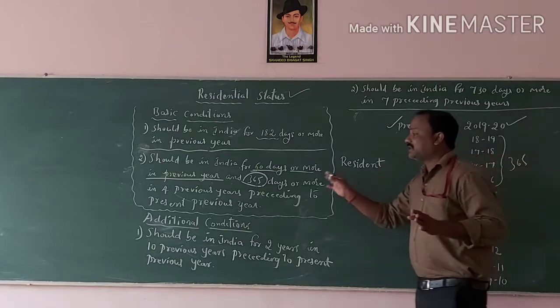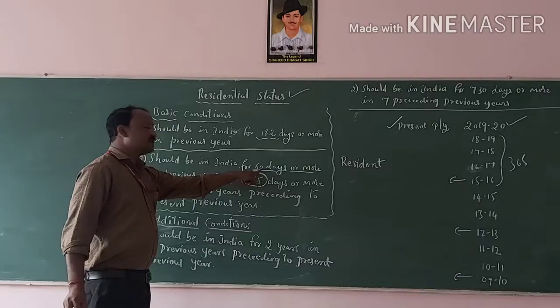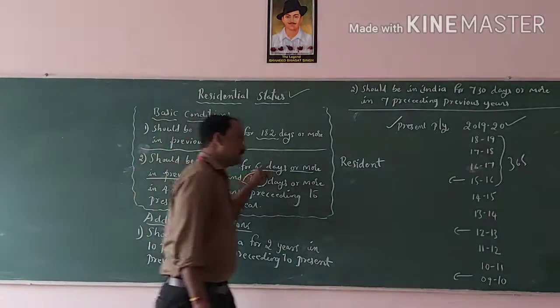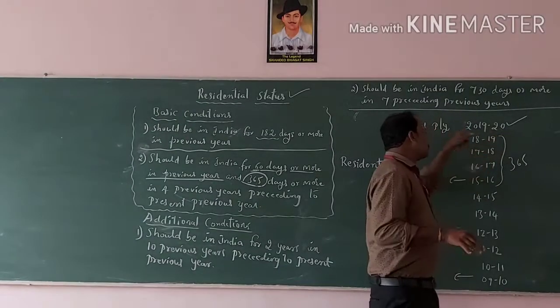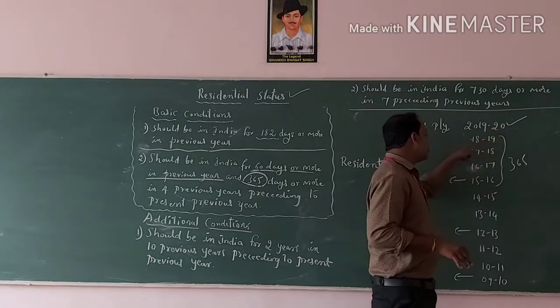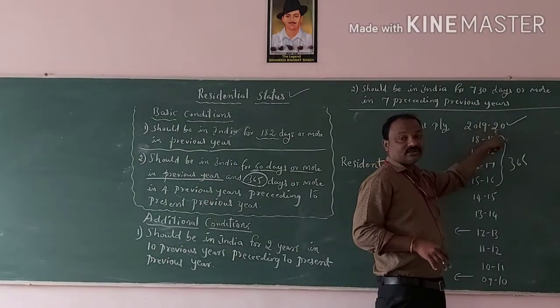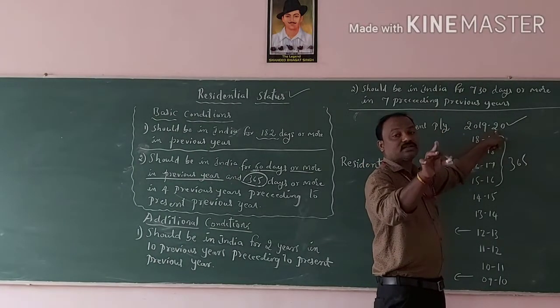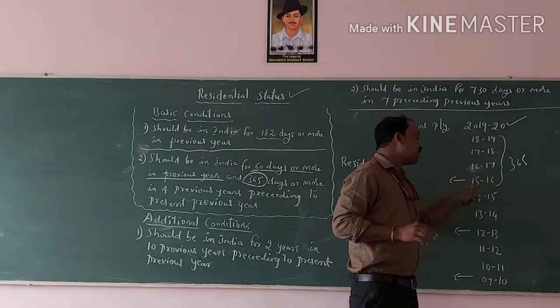In basic condition number 2, two conditions are there. In the present previous year, he has to stay in India for how many days? For 60 days, that is in 2019-20. After that, the 4 preceding years: our present previous year is 2019-20, so behind that we consider 4 previous years, that means 2018-19, 2017-18, 2016-17, and 2015-16.